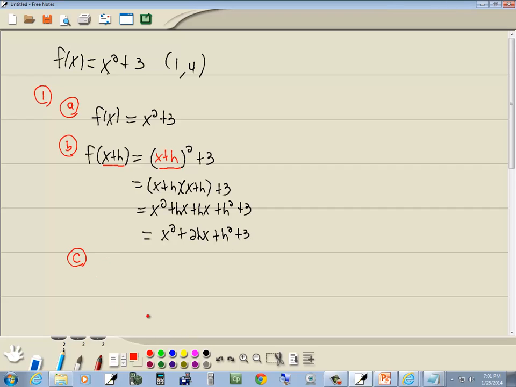Now our third substep. We want to find the derivative. f prime is equal to the limit as h goes to 0 of f of x plus h minus f of x all over h.